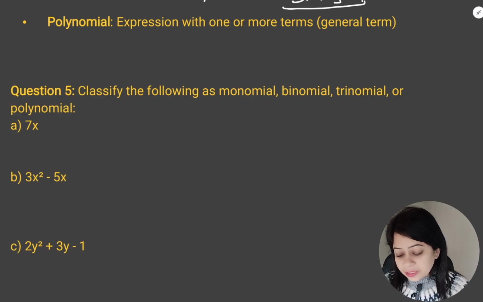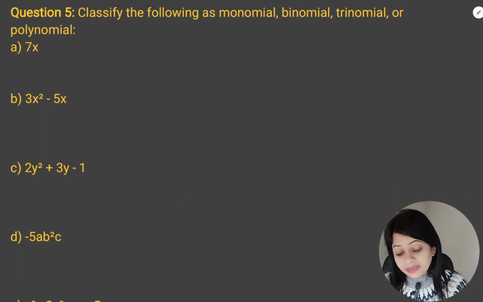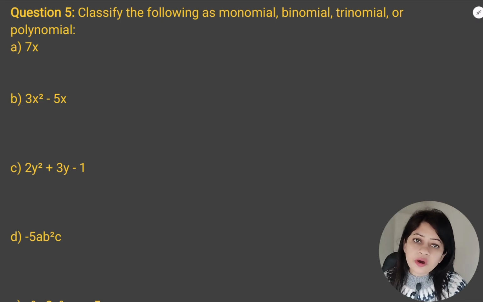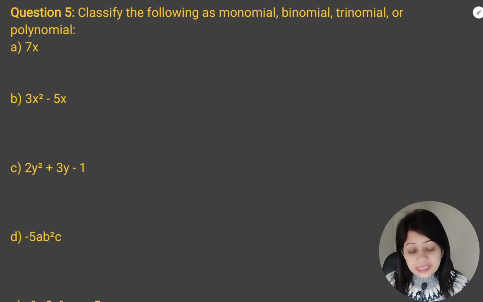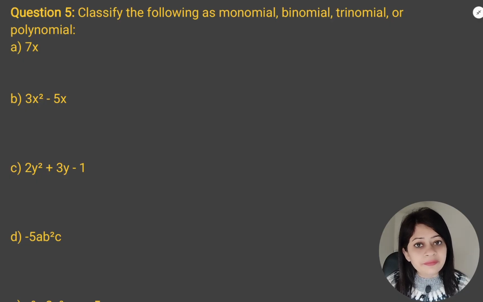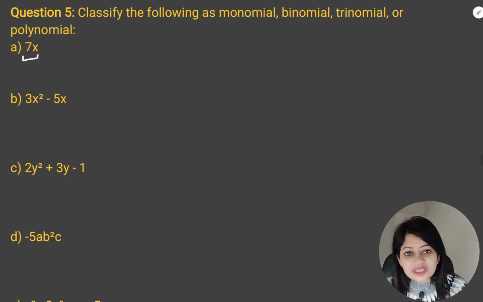Okay, so now question number 5, what do we have here? Classify the following as monomial, binomial, trinomial, or polynomial. Now they are specifically saying that we need to tell whether it is a monomial or not. So we will say 7x. How many terms is this? Just one term.